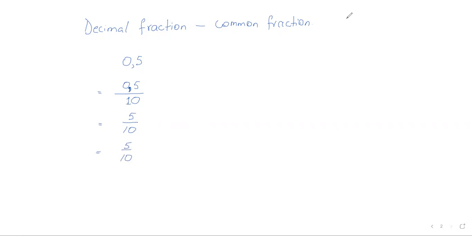You say 5 here goes once, 5 here goes 2 times. We remain with 1 over 2. We have successfully managed to move from a decimal fraction to a common fraction. Let's have a look at the other one.